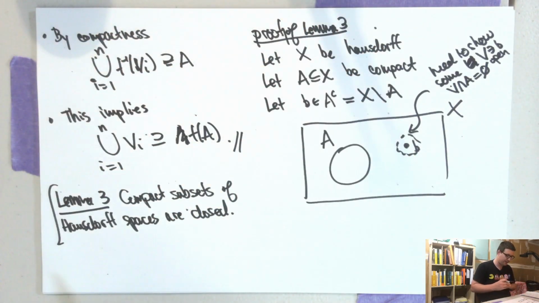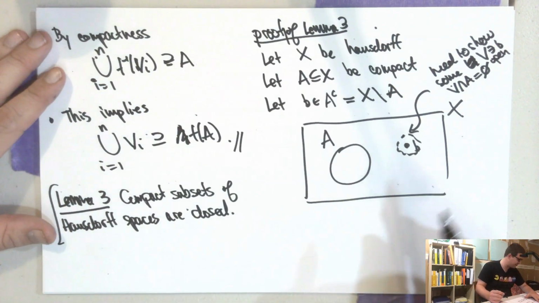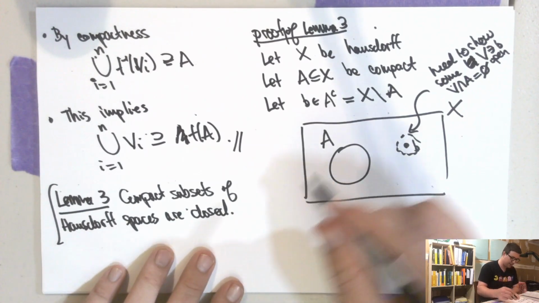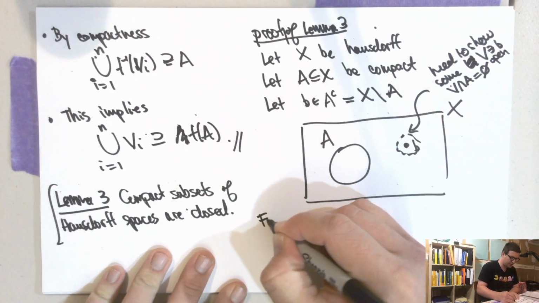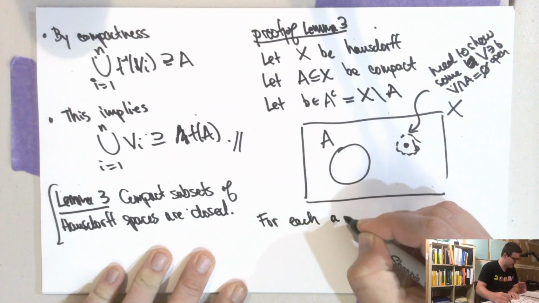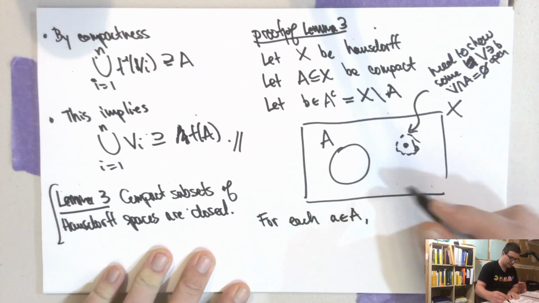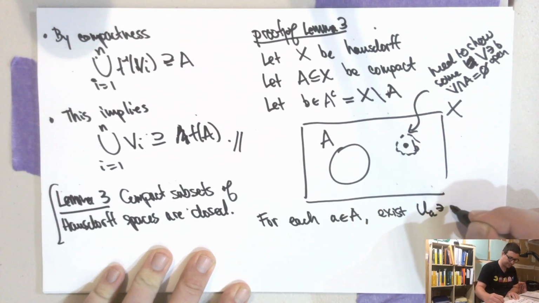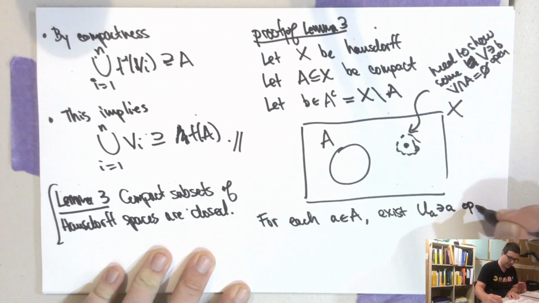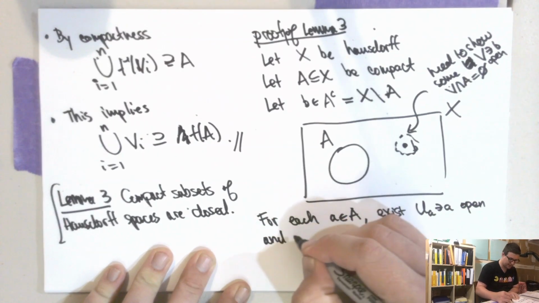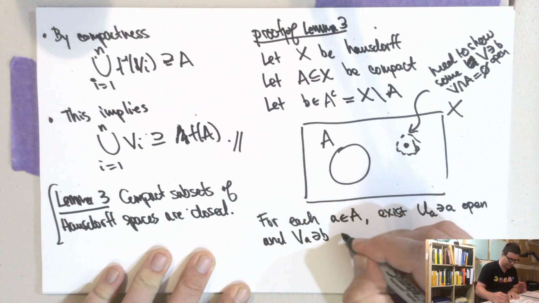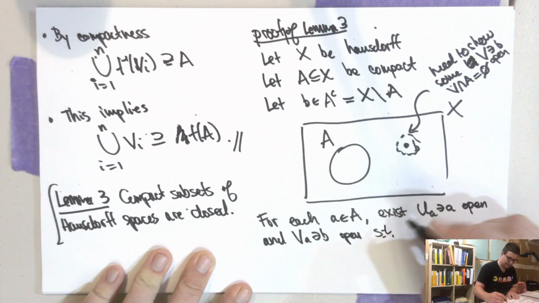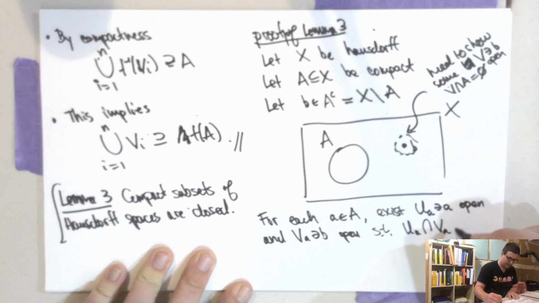So for this fixed B, for each a in A, there exists some U_a open containing a, and V_a open containing B, such that U_a intersect V_a is the empty set.